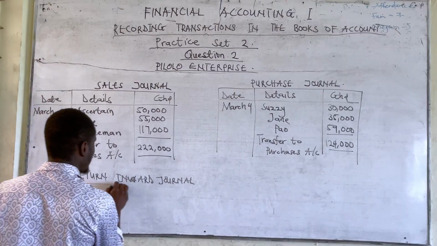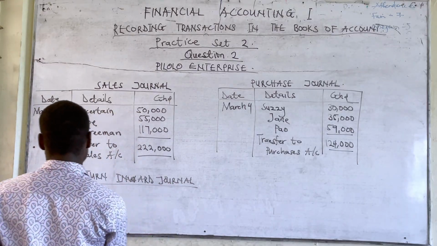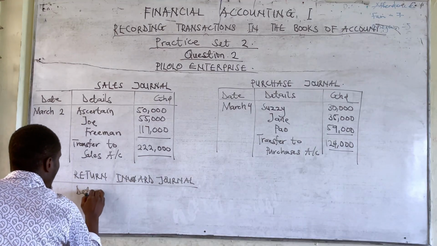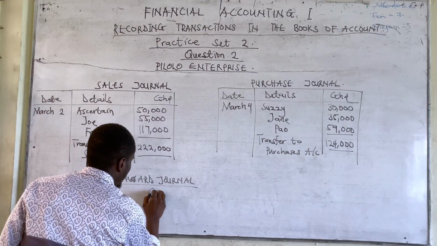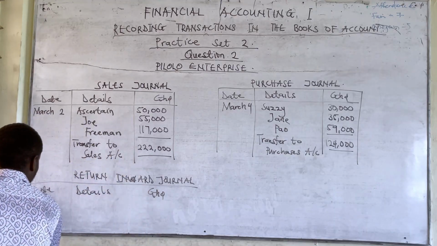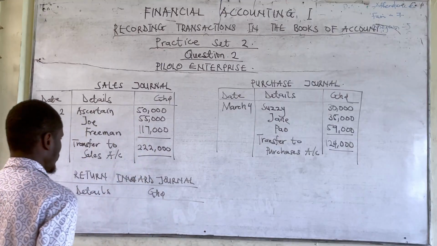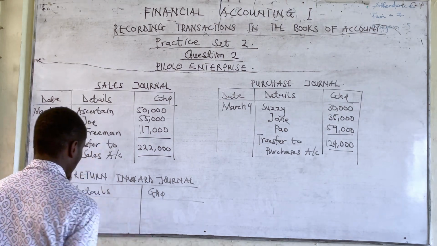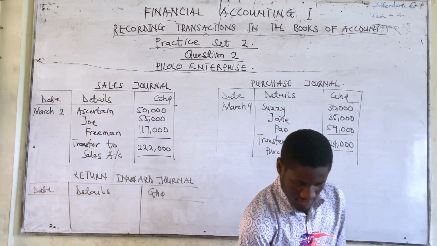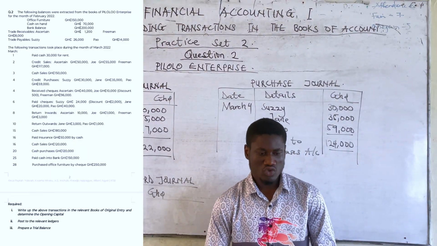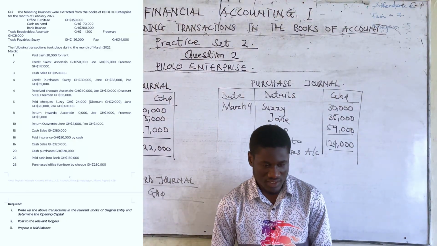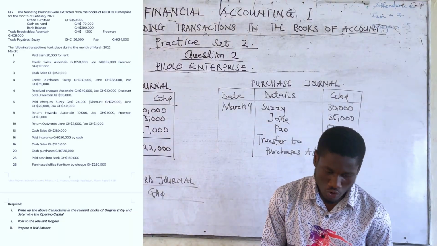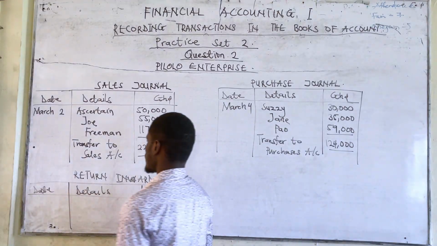This one is going to record the returns inwards we made, and the amount. Good. So now, let's check for our returns inwards. You can see that March 8th, there was returns inwards, and it involved Asante, Joe, and Freeman. Good. So March 8th.